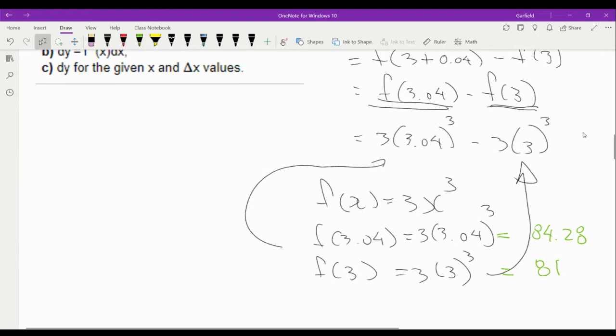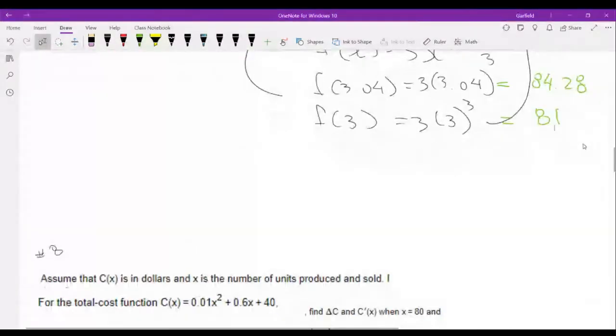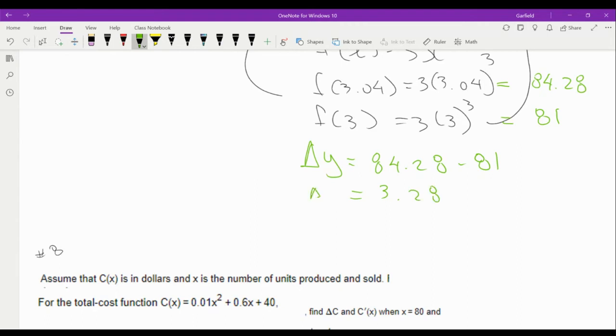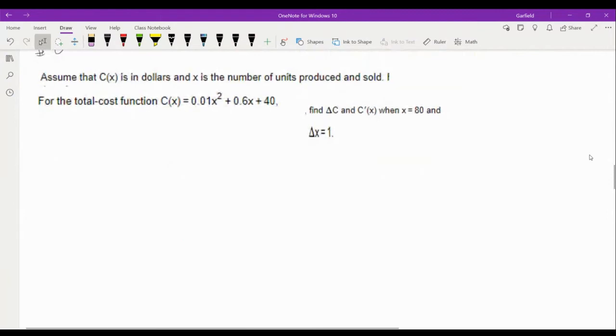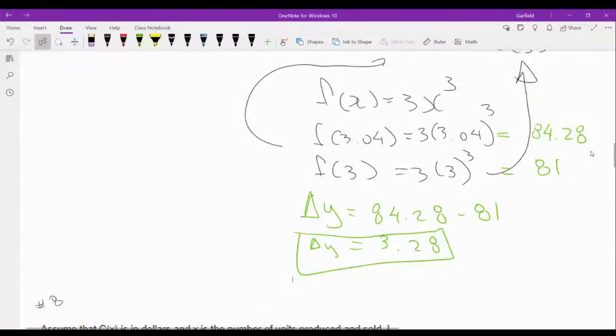Okay, so our delta y then would be equal to 84.28 minus 81, which would be 3.28. Is everyone okay with that?